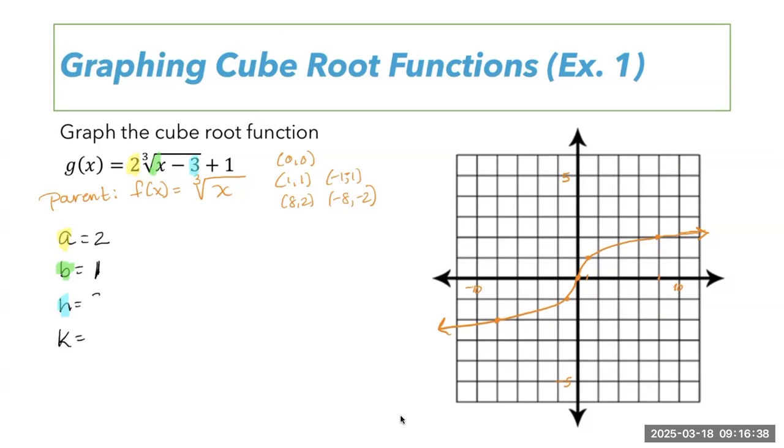And so the h is going to be the 3, because again, the minus is part of the format. And then finally, we have the K value, which is what we add on the outside. And so my K value is going to be 1. Okay, so with my B value being a 1, there's no transformation there. A equal to 2 means I have absolute value bigger than 1, so we're going to have a vertical stretch.